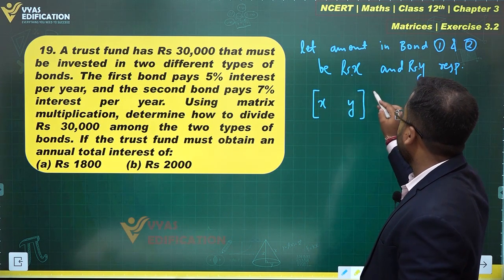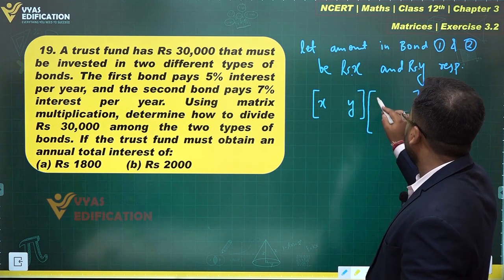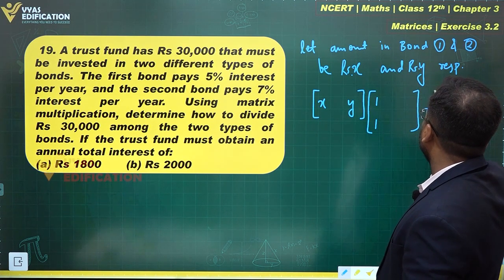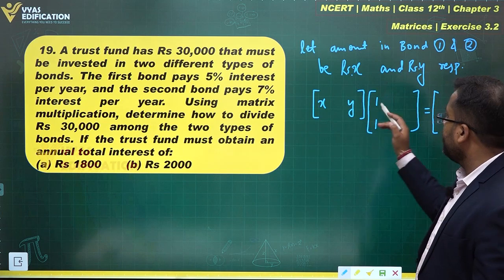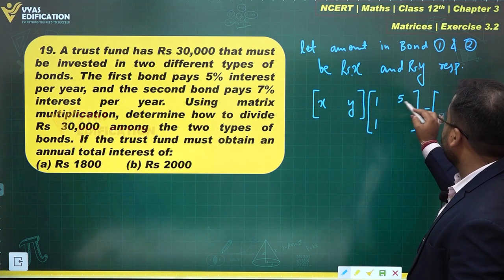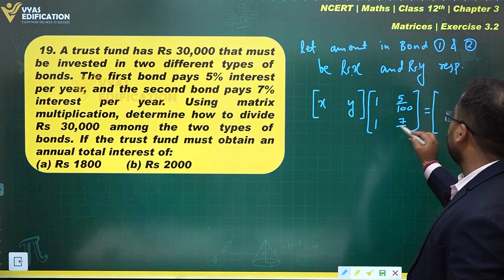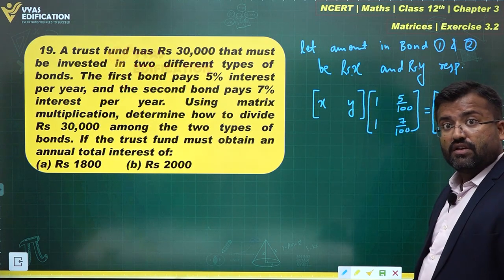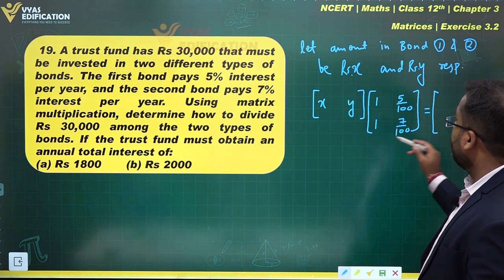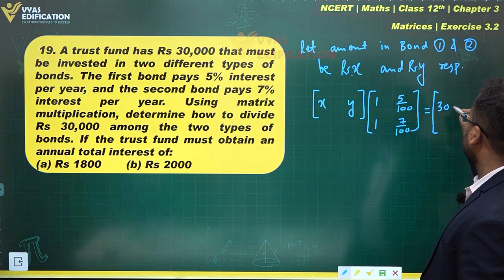So what do we have in this case? x and y get multiplied with, first of all, 1 and 1 to give us this 1 by 2 matrix. They also get multiplied with 5 by 100 and 7 by 100 for the interest. x plus y would be actually equal to 30,000.